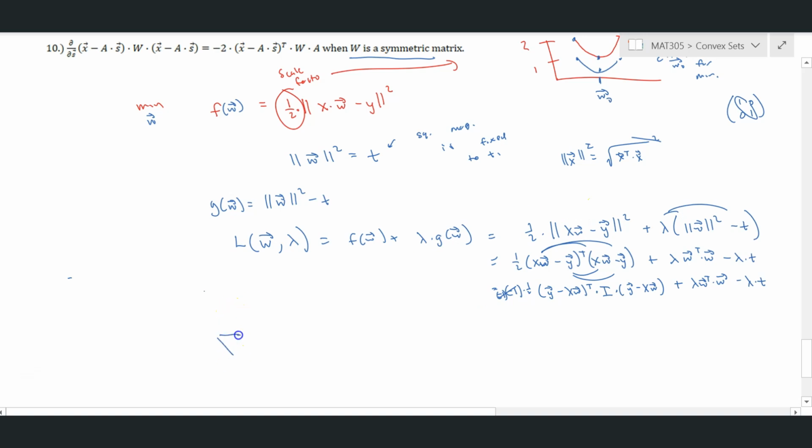So the gradient of L of w comma lambda. Look at the gradient of that first term for a moment, where here they're using x, we are using y. Where they're using A, we're using capital X, and our s is actually the w vector.